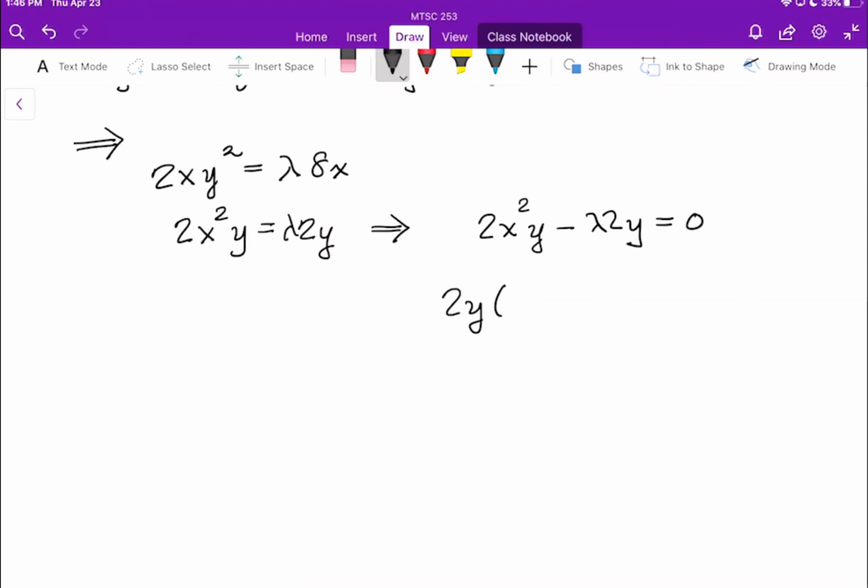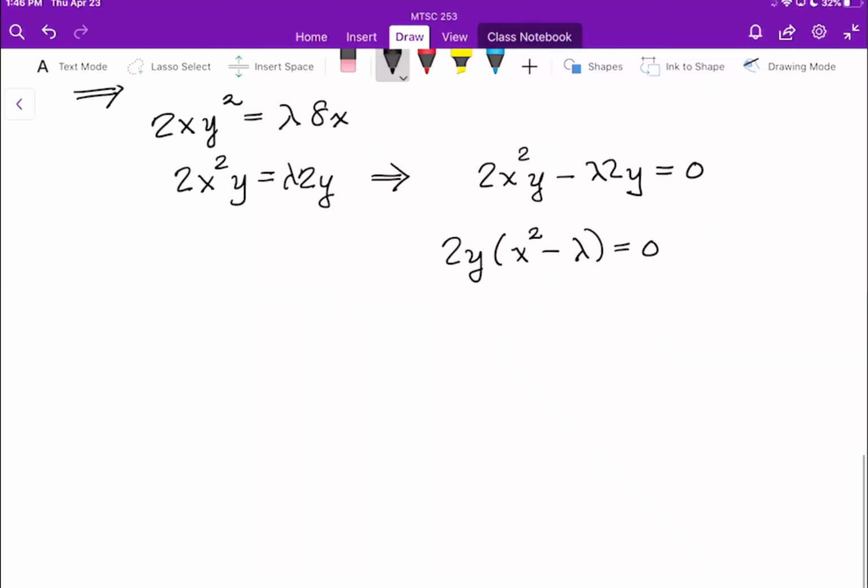And when I factor out 2y, that gives me x squared minus lambda is 0. So I get two things. Either y is 0 or lambda is x squared.